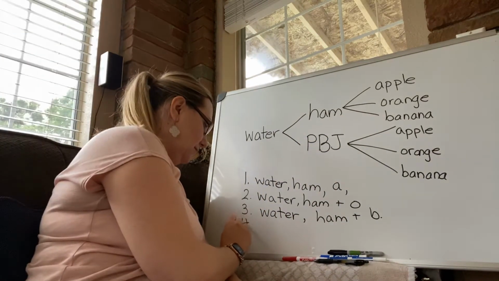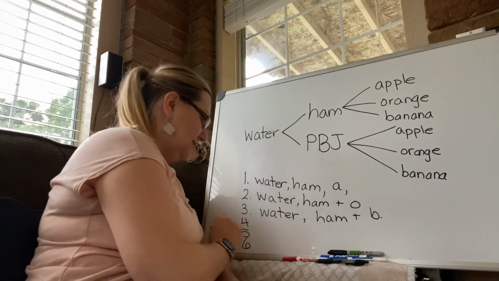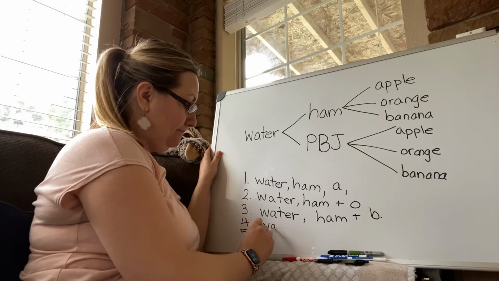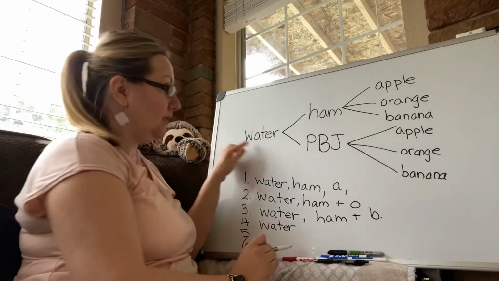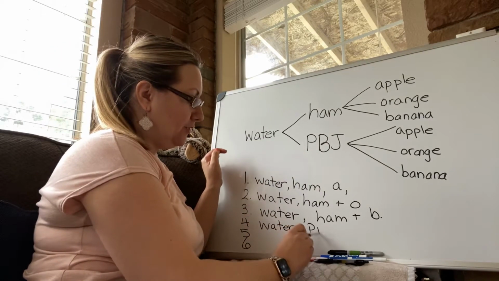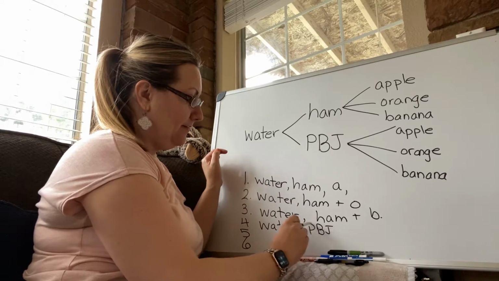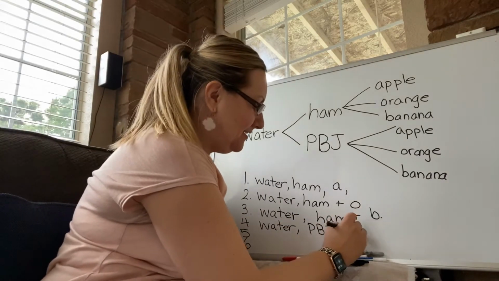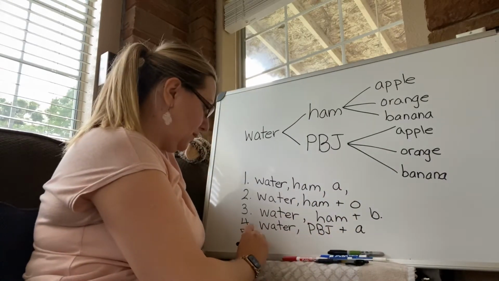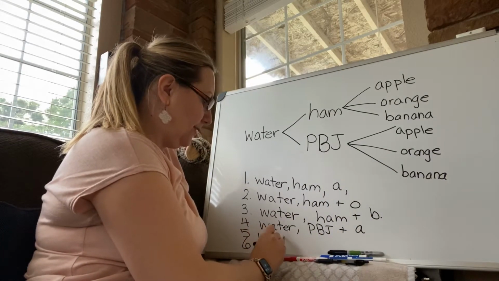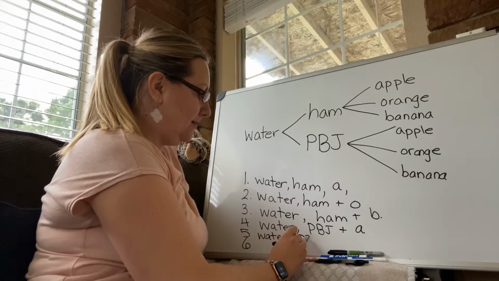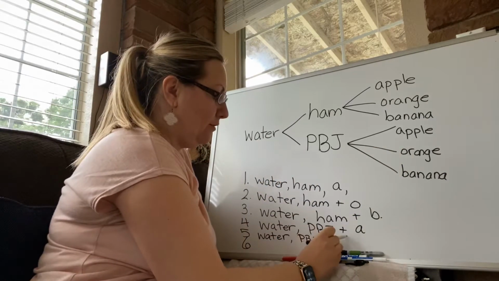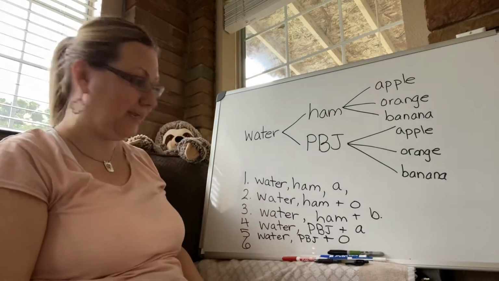So then 4, 5, and 6 will be water again, this time with a peanut butter and jelly sandwich, PBJ, and an A for an apple. I think you're following along now. Water, peanut butter and jelly, and an O for an orange, right?